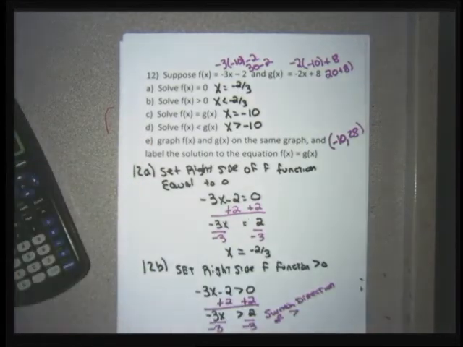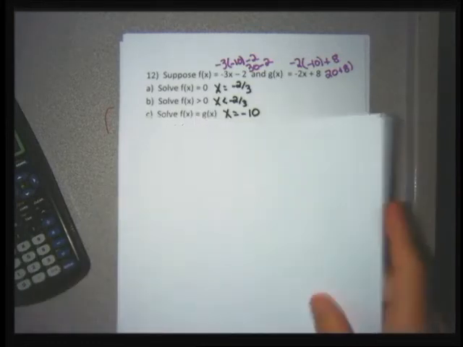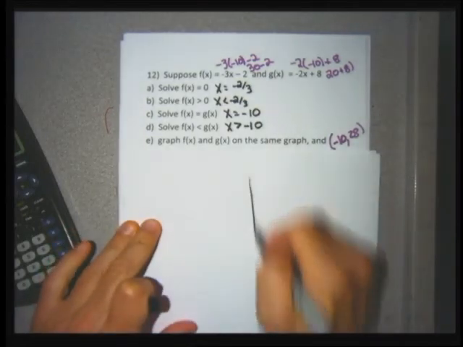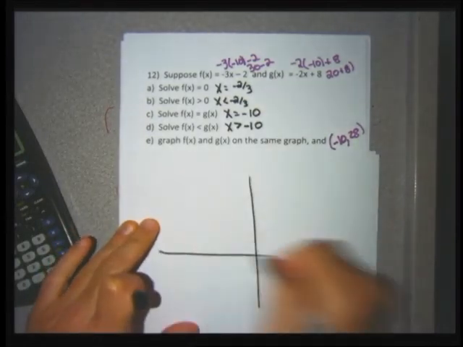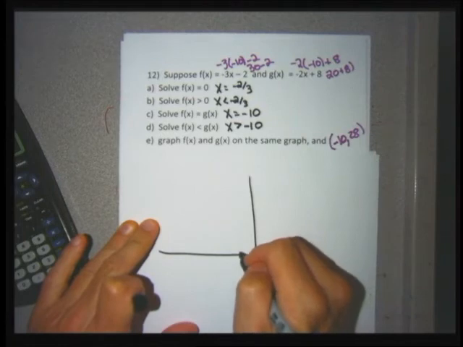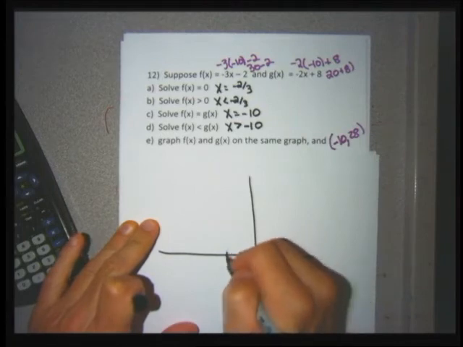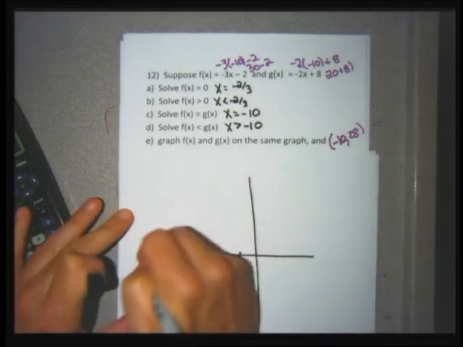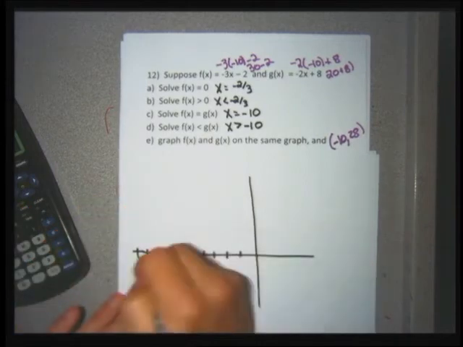But let me actually do the graph that's asked for in part E, and I'm going to really force this graph to be more accurate than I might normally by drawing the point of intersection first. So I need to draw that point negative 10, 28. So this is negative 10.